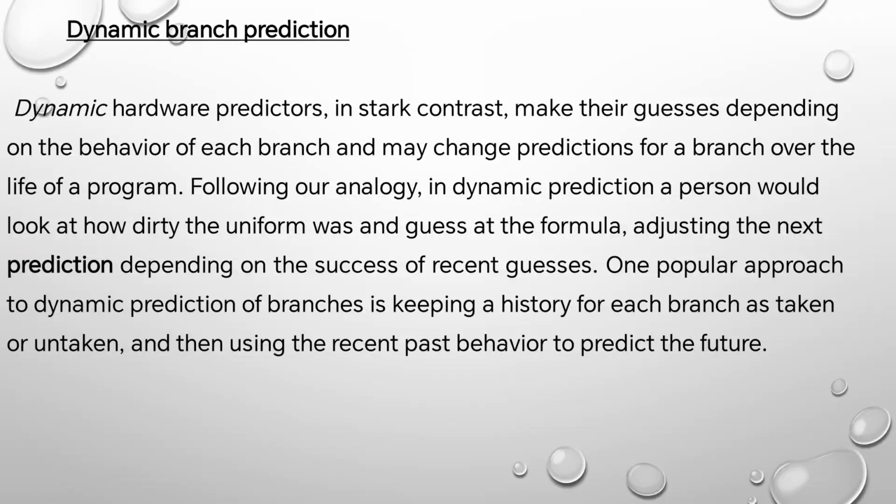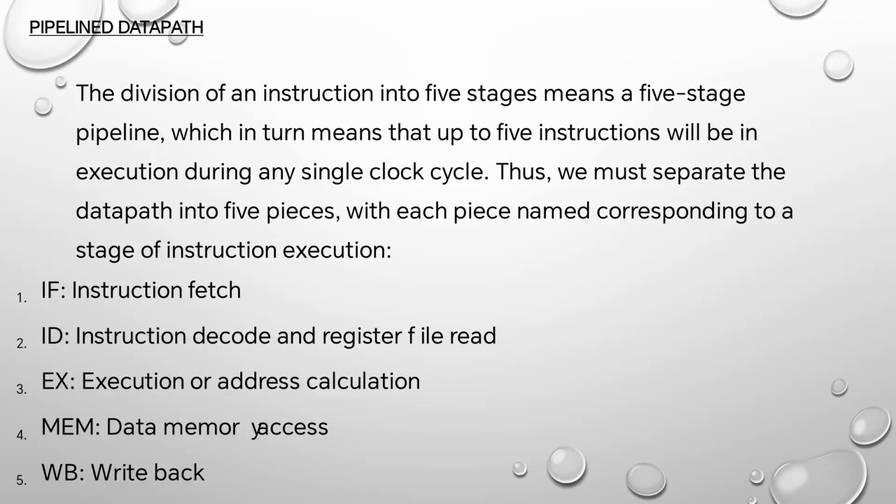One popular approach to dynamic prediction of branches is keeping a history for each branch as taken or untaken, and then using the recent past behavior to predict the future.